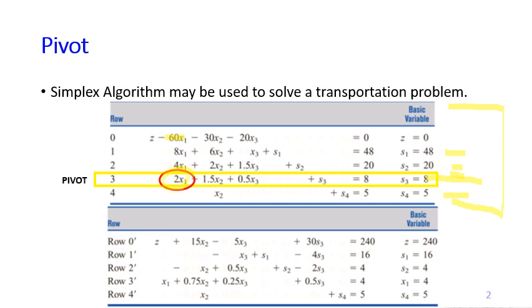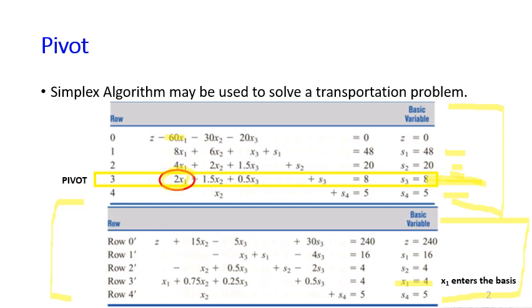We perform elementary row operations such that we will get a new BFS, and then the variable is different. What we would like to become the entering variable enters the basis, and then the leaving variable leaves the basis. However, the new solution is still a BFS.